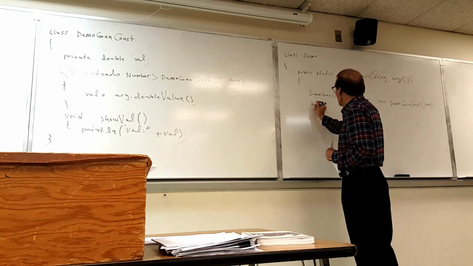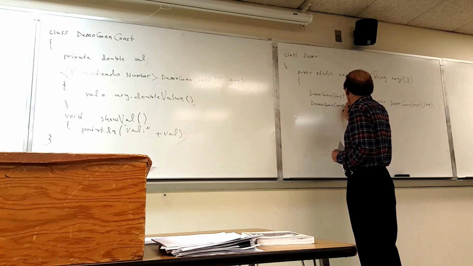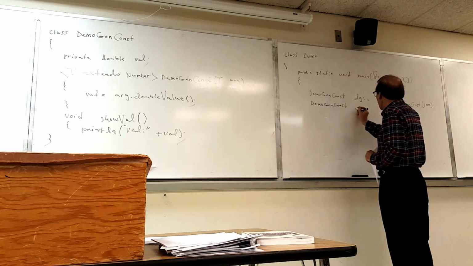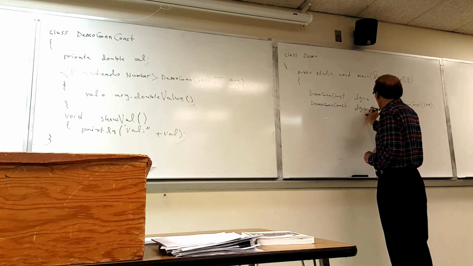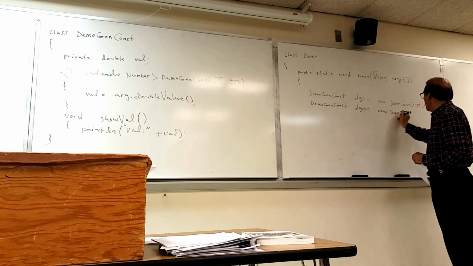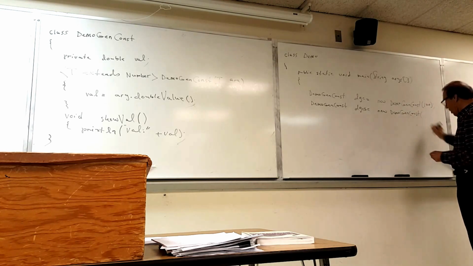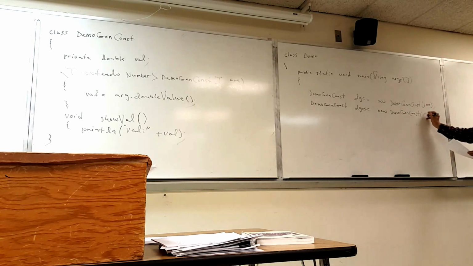DemoGenConst DGC1 equals new DemoGenConst... Is it okay?